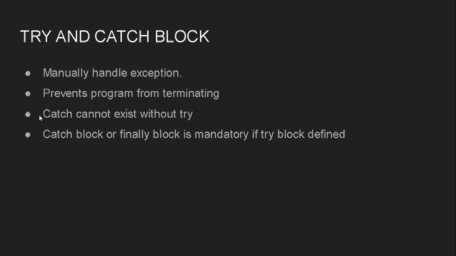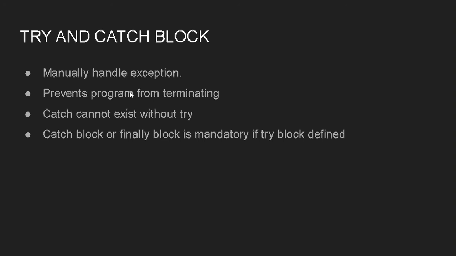And another feature of the try catch block is that it is going to prevent the program from terminating. If you don't use the try catch block, the program will terminate at the very point when it encounters an exception. This is one very important concept which you need to keep in mind.